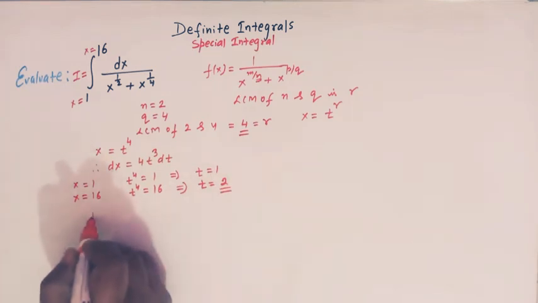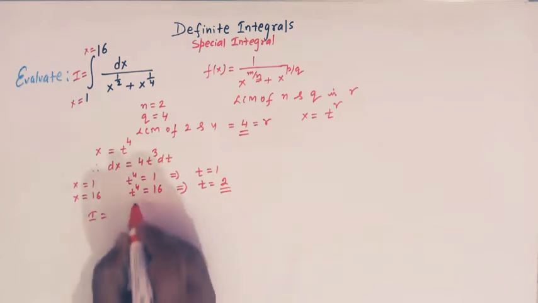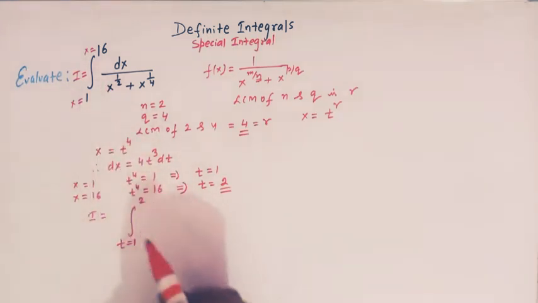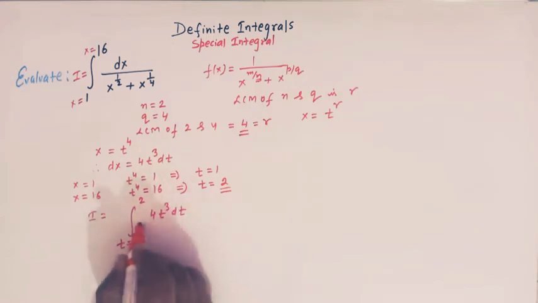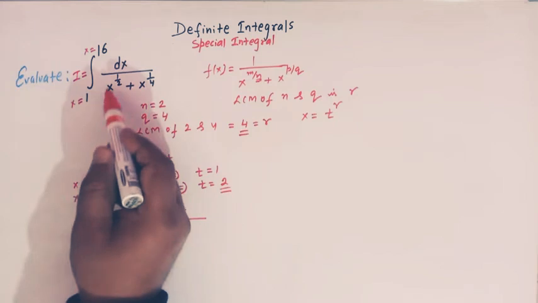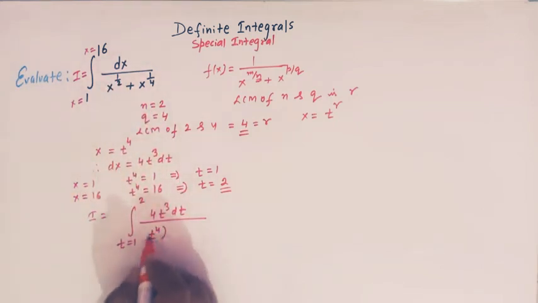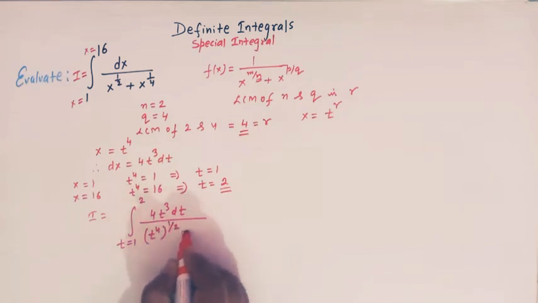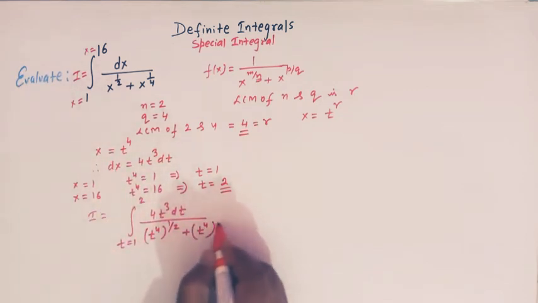Now this integral I can be written with t from 1 to 2, and for dx we can write 4t cube dt, and for x raised to half, we have t raised to 4 times half, and for x raised to 1 over 4, we have t.